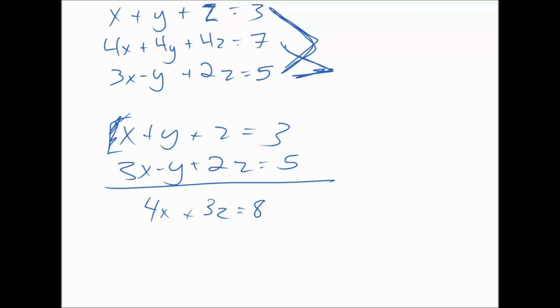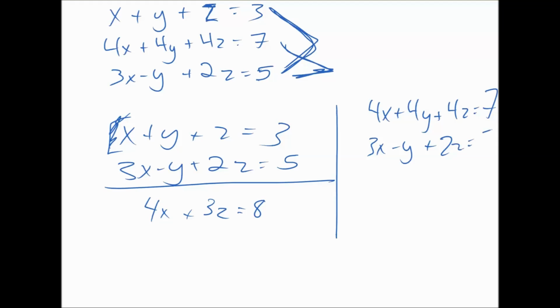Okay. The next one, let's add it together. So the next one we have 4x plus 4y, 3x minus y plus 2z equals 5.